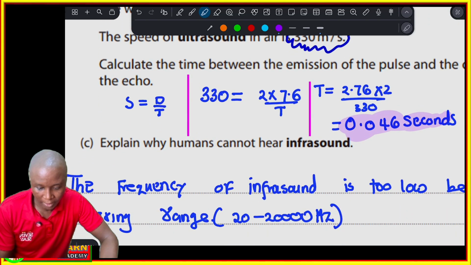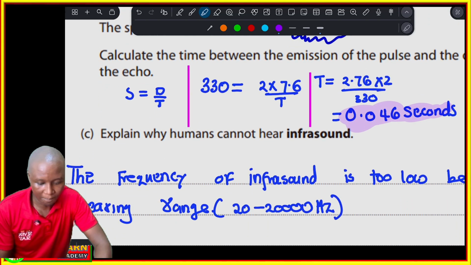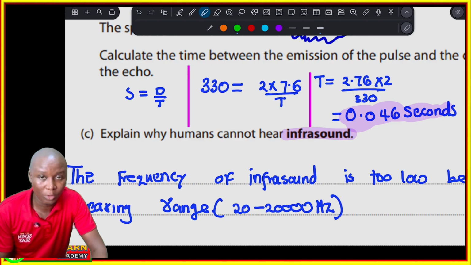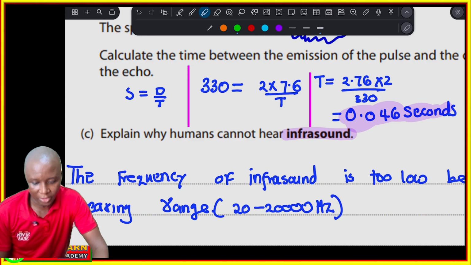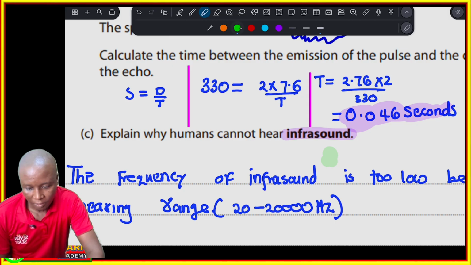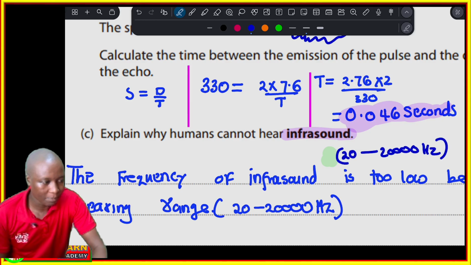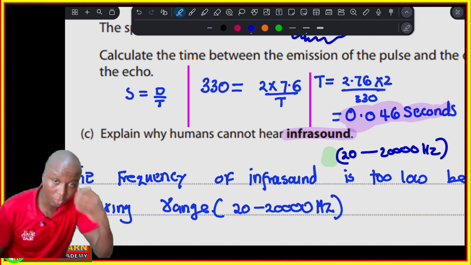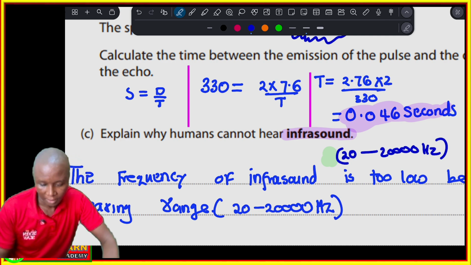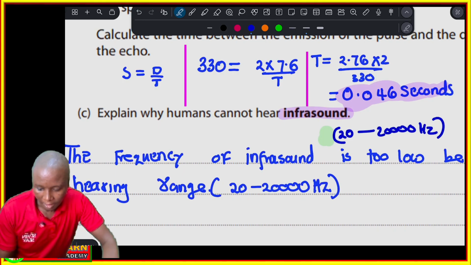Explain why humans cannot hear infrasonic sounds. At this level, candidates were supposed to remember the human hearing range is between 20 to 20,000 hertz. So anything below this is considered to be out of the audible range of a human being.